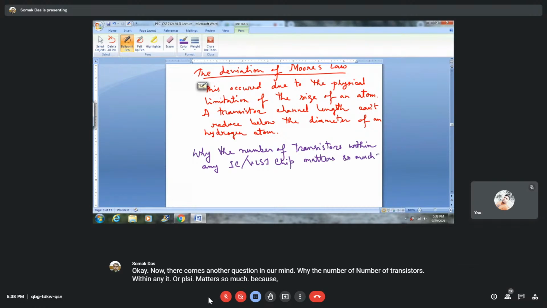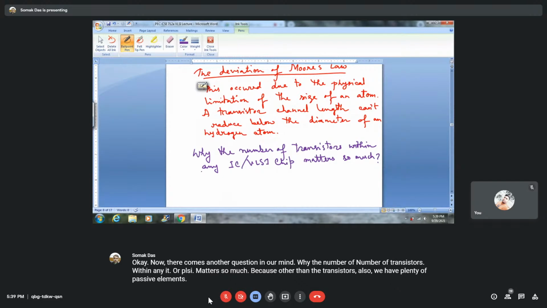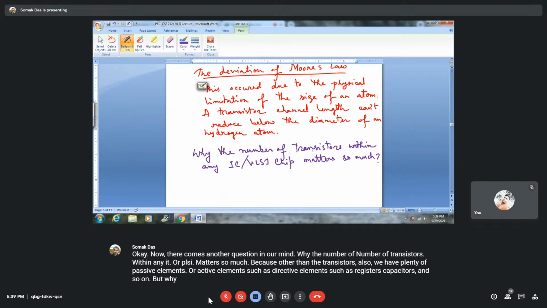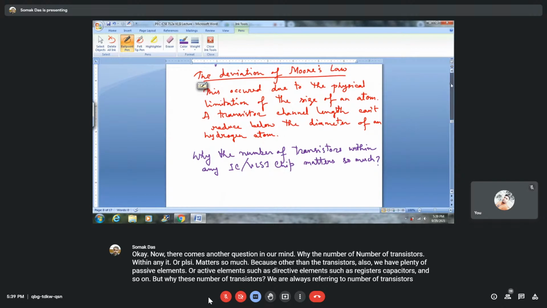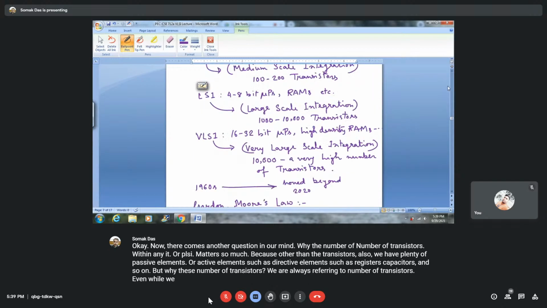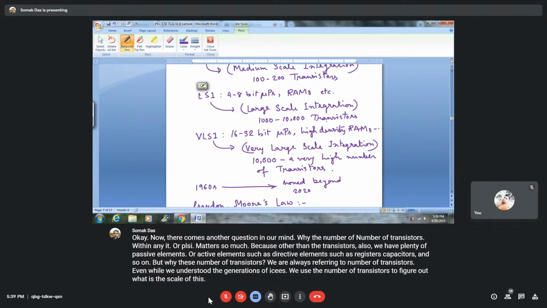Other than transistors, we also have plenty of passive elements, or active elements such as diodes, and passive elements such as resistors, capacitors, and so on. But why this number of transistors? We are always referring to the number of transistors. Even while we understood the generations of ICs, we use the number of transistors to figure out the scale of them. So why are we always referring to the number of transistors?